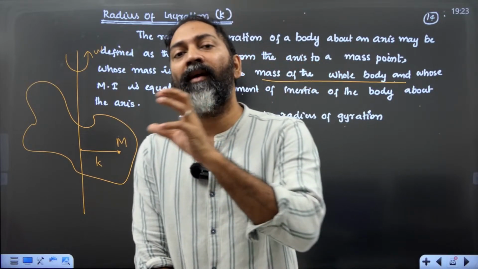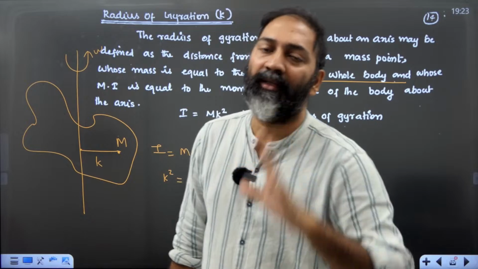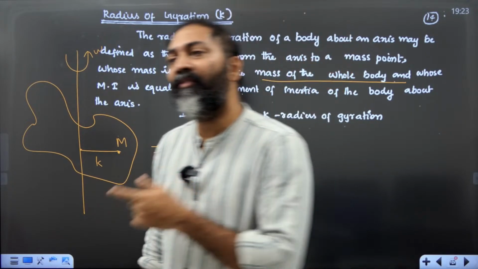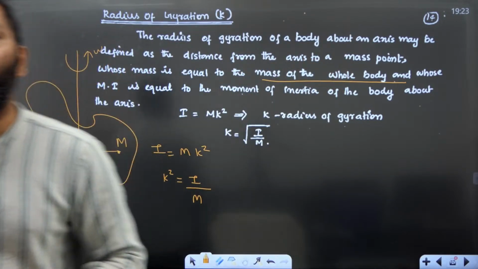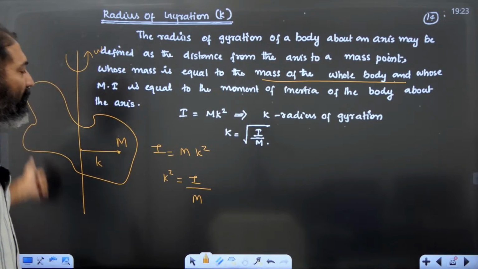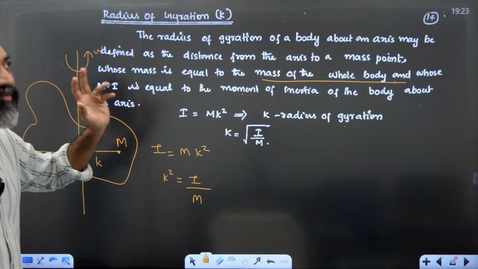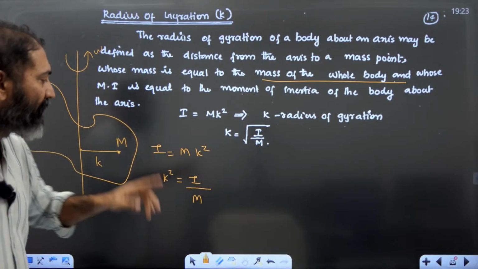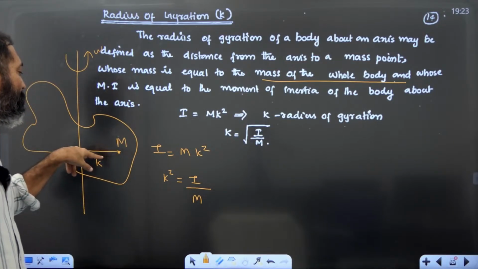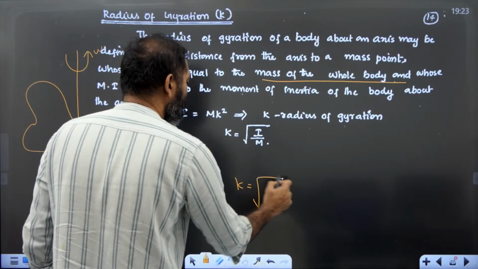The whole mass of the body should be assumed to be concentrated at that point. And the moment of inertia at that point will be equal to the moment of inertia of the whole body. If these two conditions are satisfied, then we can call this distance the radius of gyration. K equals root I by M.